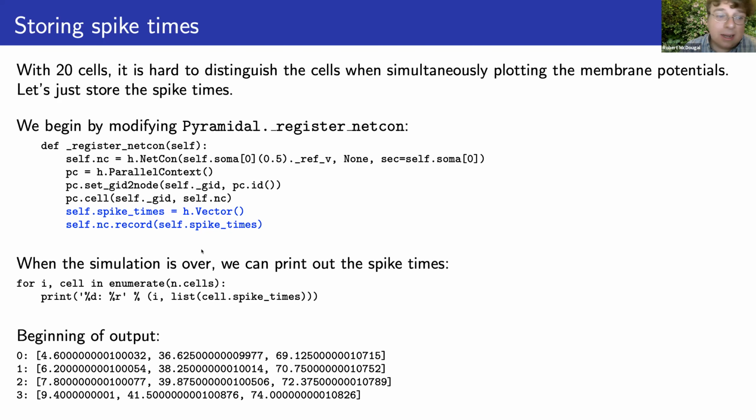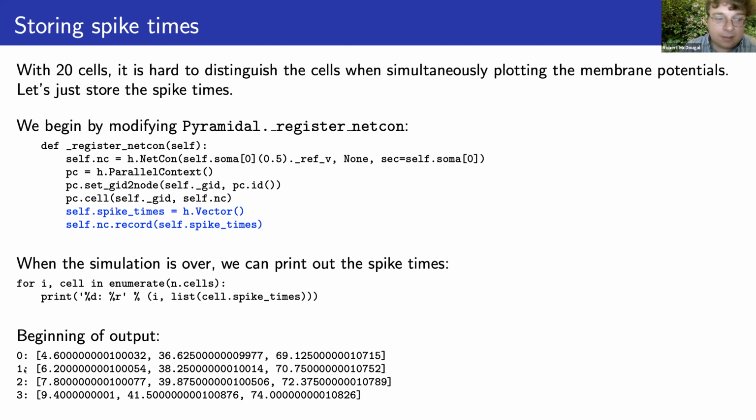And now I can loop over all of my cells. So for i, cell in enumerate of my network cells, I can print out the cell identifier and the list of all the spike times. For example, in my model here, cell 0 fires at time 4.6, 36.65, and 69.125 milliseconds.